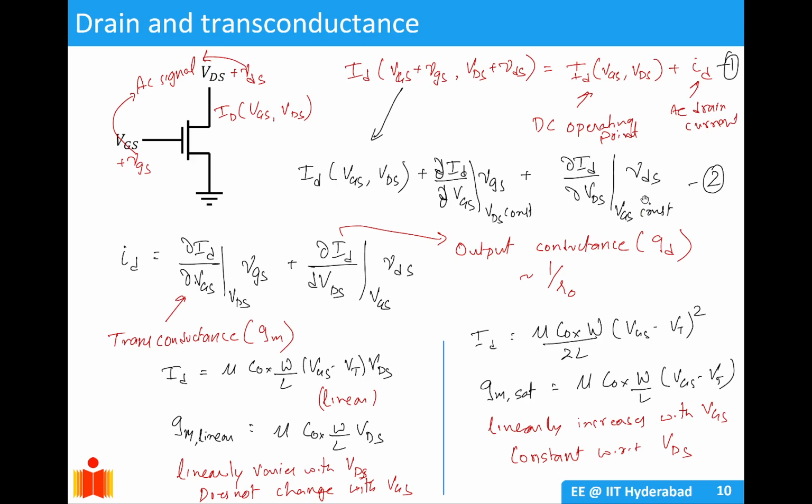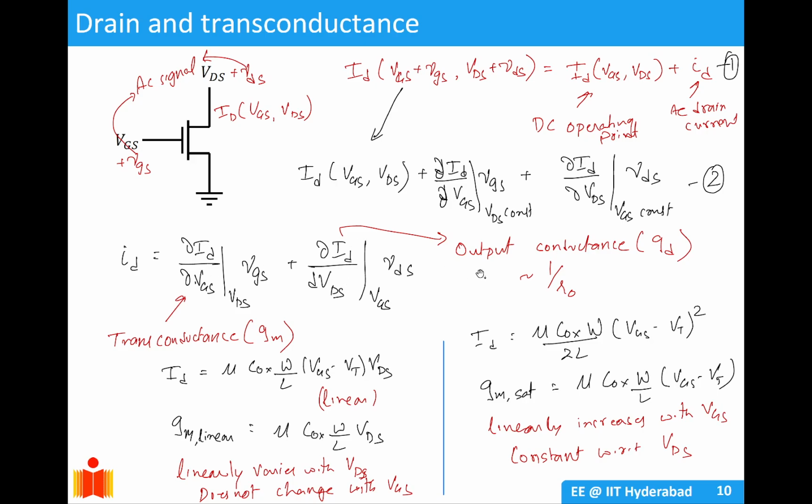So the AC drain current can be deconvoluted into two cases: one due to constant drain bias, and one due to constant gate bias, and this results in two conductances.